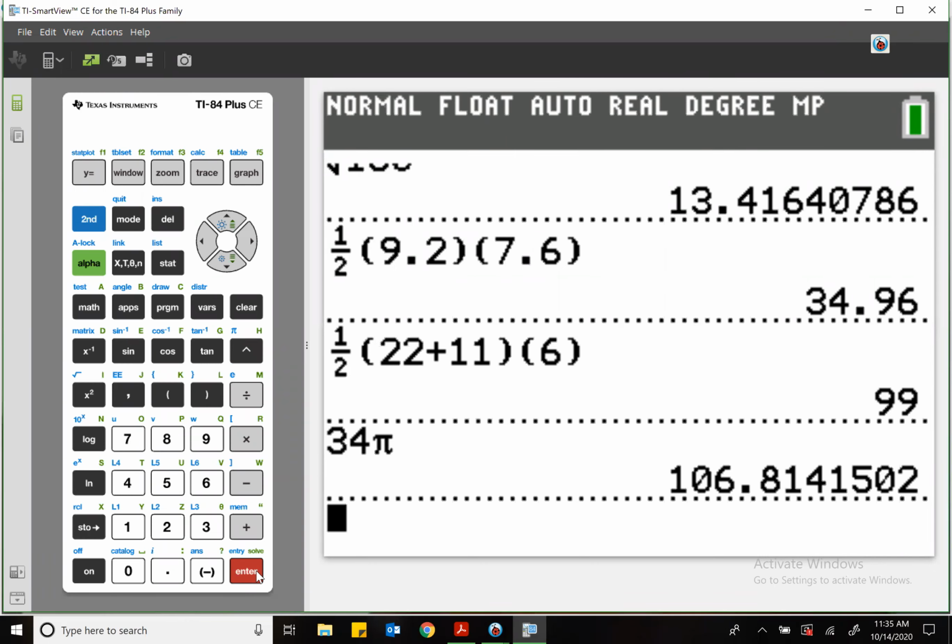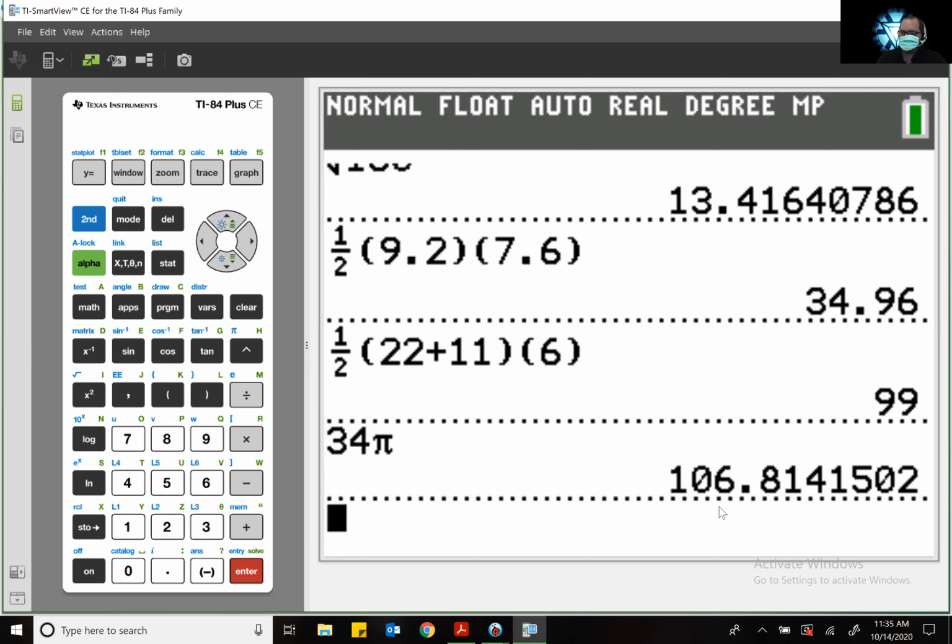I thought if the one's over 5 you round up. Yeah. But you're looking at the number after it, not the number before it. So the 1 says, hey, 8, stay the way you are. It's always the number that is after the place you want that dictates what happens.